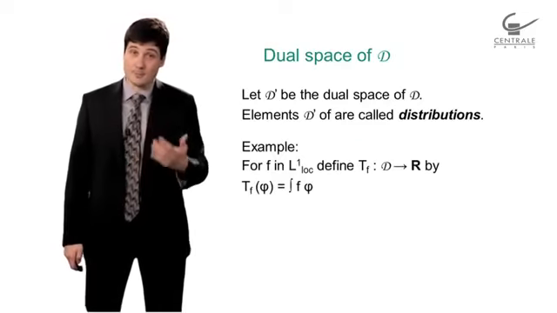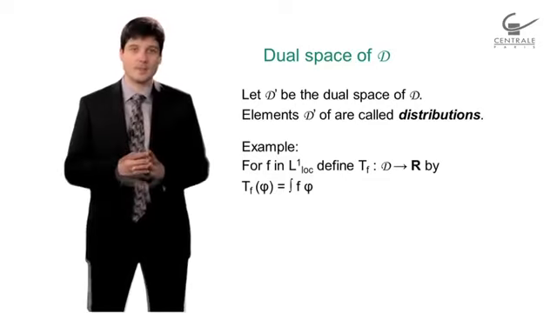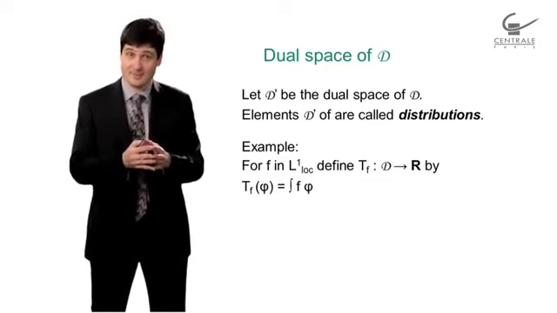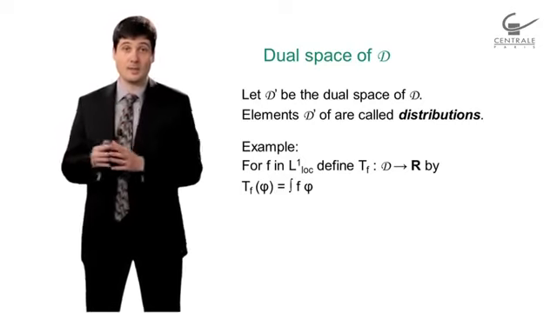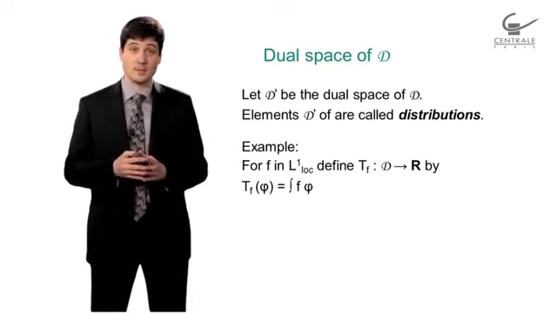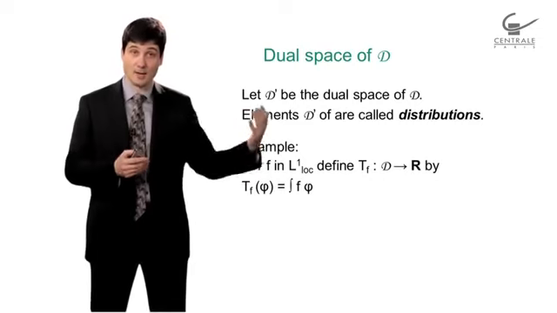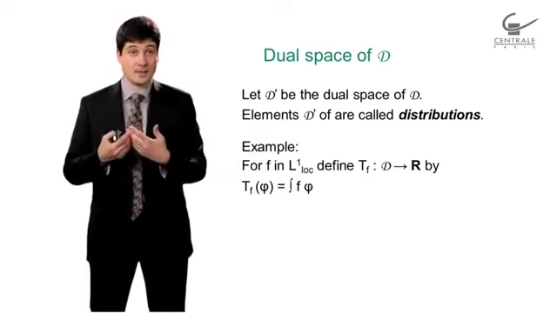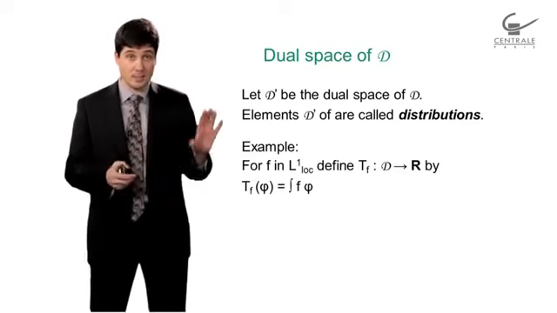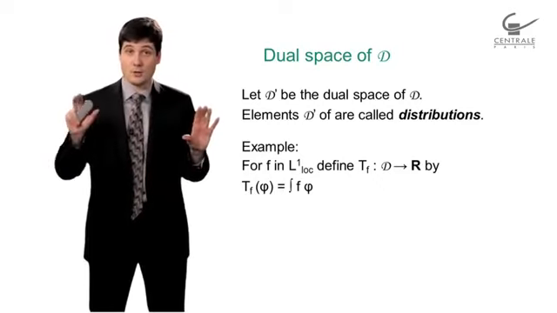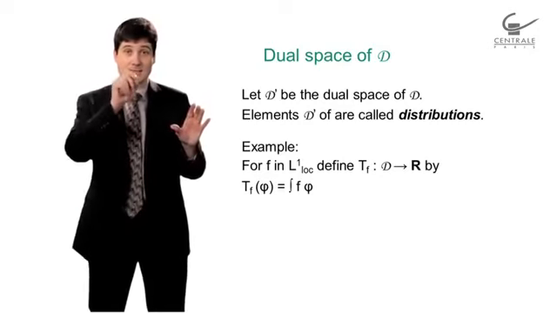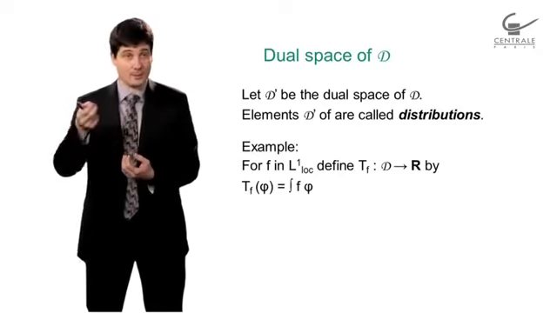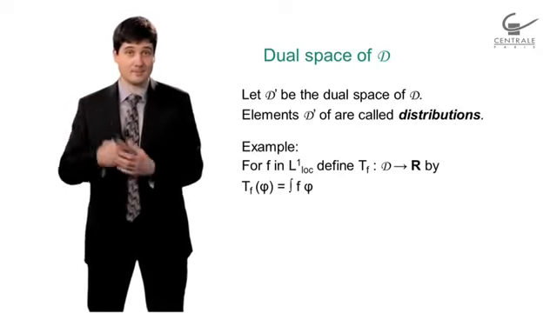Now, I'm going to give you an example of a distribution, and maybe we should start with this. Let's choose a function f in L1 loc. And if you forgot what is L1 loc, I suggest you review this in the videos where we define the Lp spaces. Now, you choose f in L1 loc, and I will define Tf as a function from D to R. So you feed Tf with a function of D, which will be phi, and Tf of phi will be the integral over omega of f times phi.